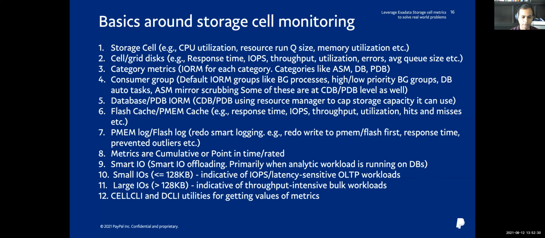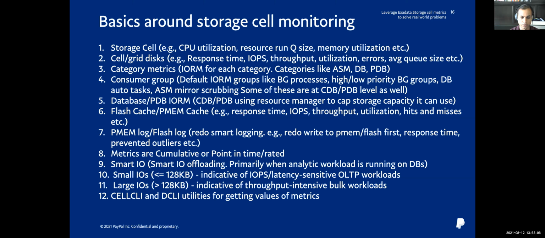If you see very high large IOs coming from your application, that means your application is throughput intensive, meaning it reads a lot of data, and in those cases, smart scan or some of those Exadata related features will kick in and help with the performance.